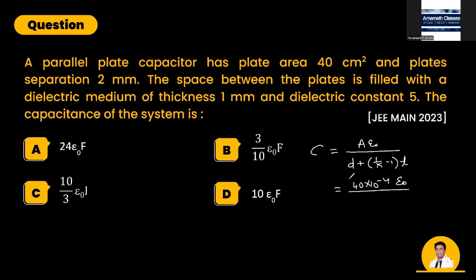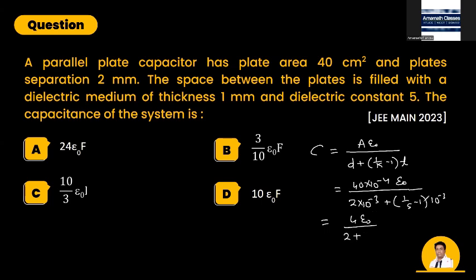D is 2 mm, so 2 into 10 to the power minus 3, plus 1 by K, K is 5, and T is 1 mm, meaning 10 to the power minus 3. If I solve it, 10 to the power minus 3 can go up, so it will be 4 times epsilon naught into 10 to the power minus 4, 10 to the power 3. That calculation part you can do, no problem.